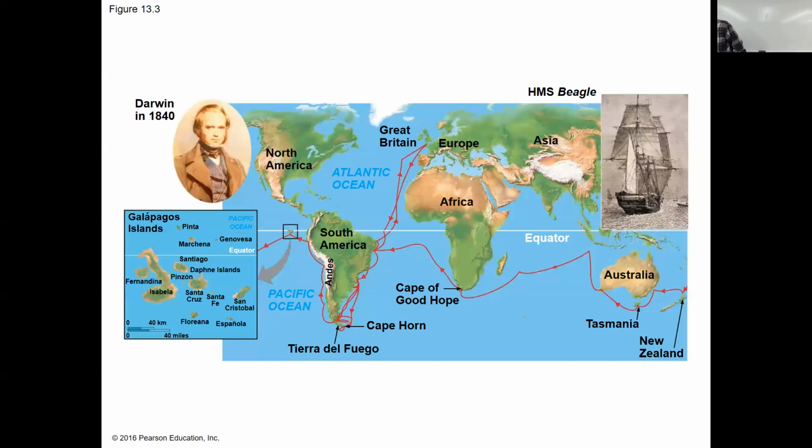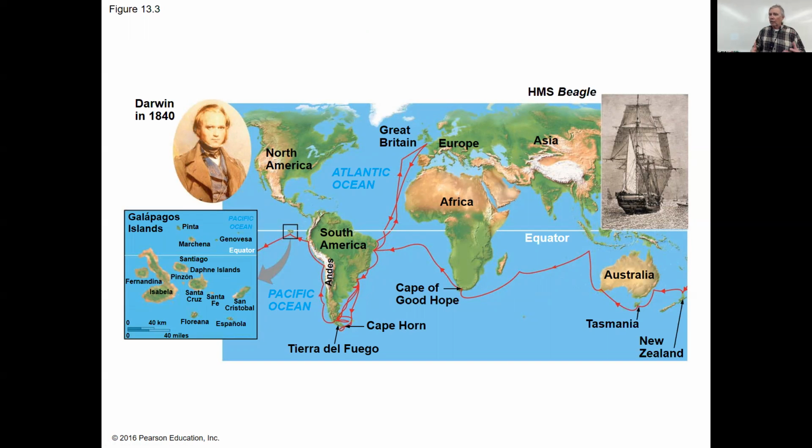So there it is. He went all the way down the east coast of South America, around Cape Horn, up the west coast, and then across about 600 miles out to the Galapagos Islands. And this is where we started getting some real ideas about evolution.